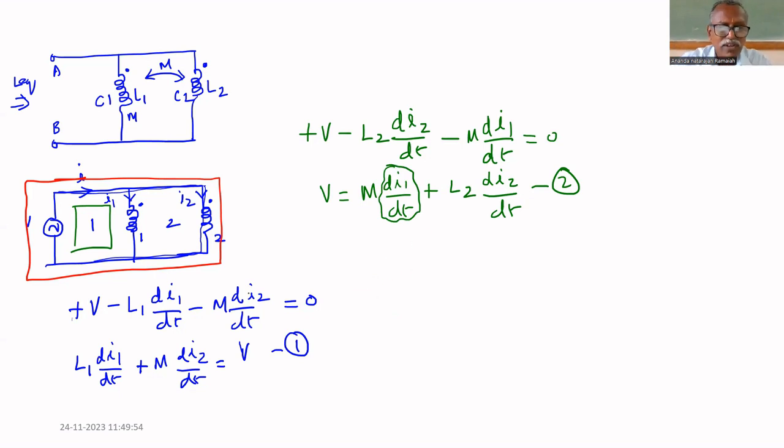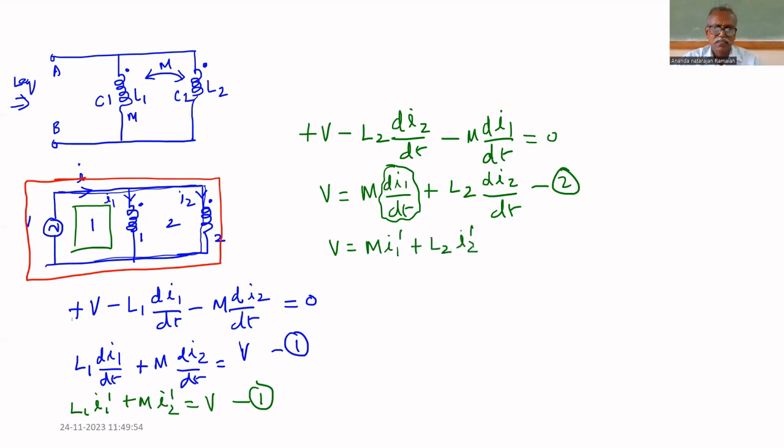For convenience, let us write the first equation as L1 I1 dash plus M I2 dash equals V. The second equation is V equals M I1 dash plus L2 I2 dash. If you put these two in matrix form, what will you get?